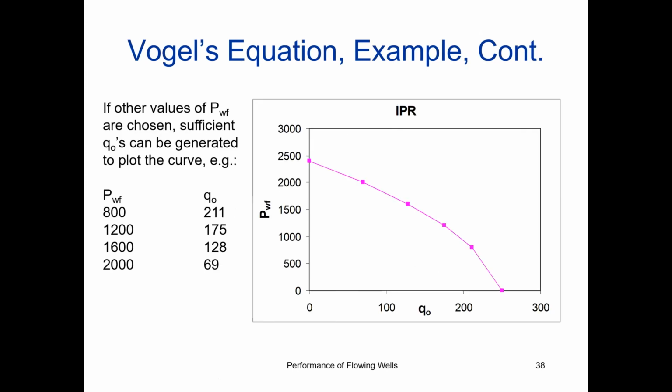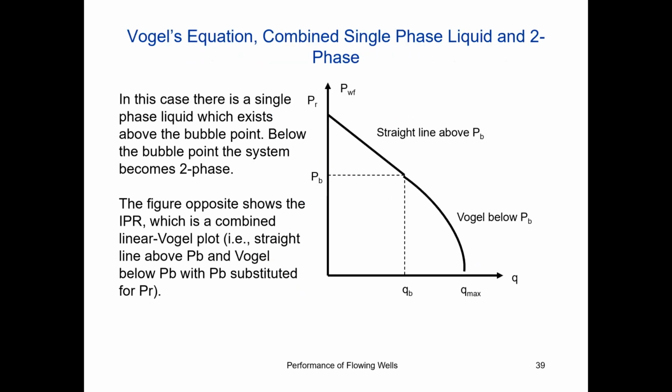And this is some example. This is the Vogel equation creating an inflow performance curve. That inflow performance curve determines how much we can produce from the reservoir. Sometimes the reservoir is above bubble point.